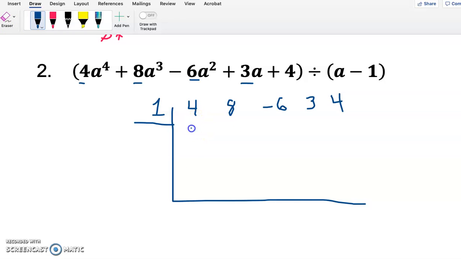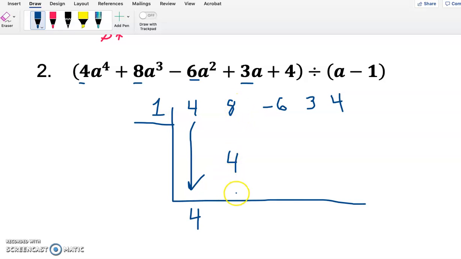All right, first step. Yes, bring down that 4. All right, we brought down the 4. What do we do on the outside? Yes, we multiply. So it's 4 times 1, we just write 4. And anything in here, we're adding.